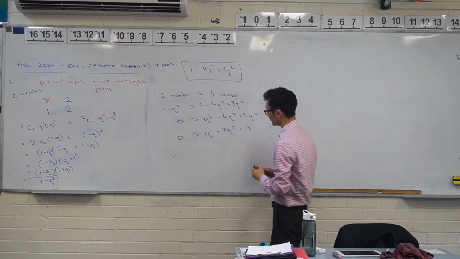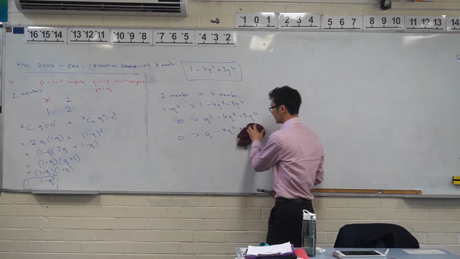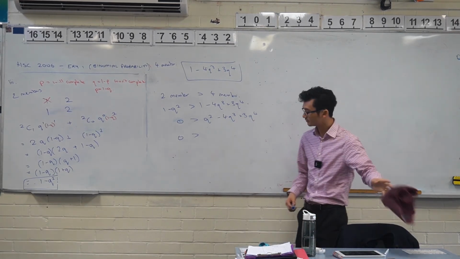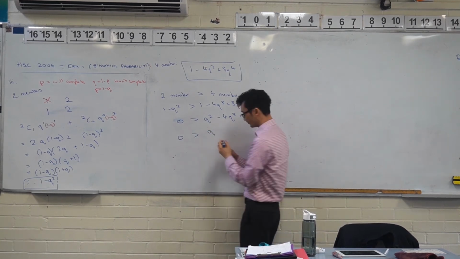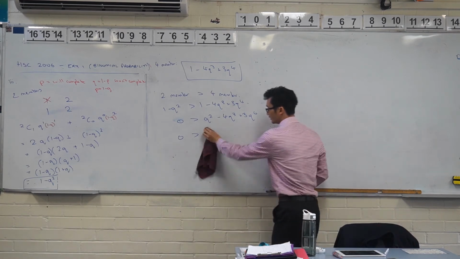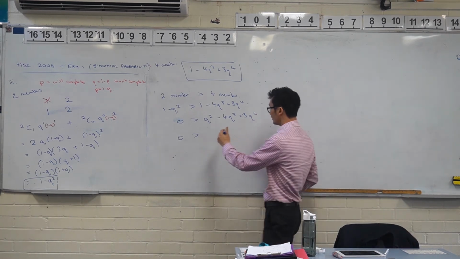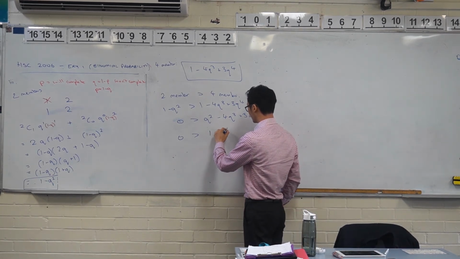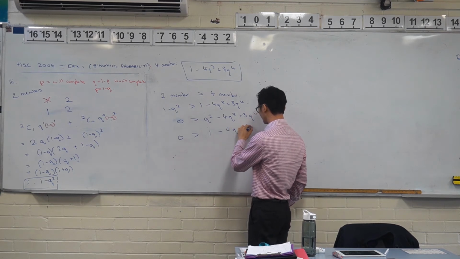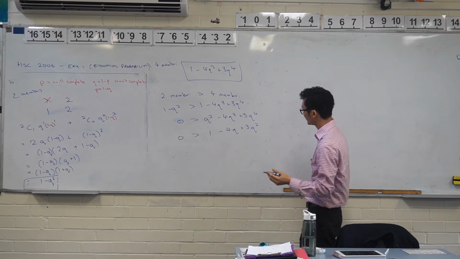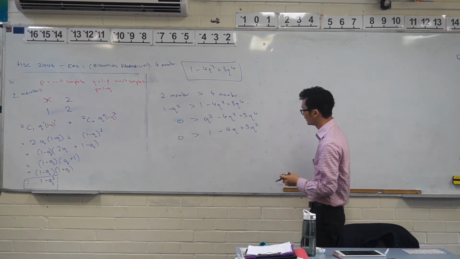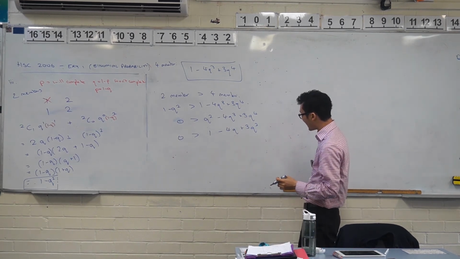In fact, we can divide both sides by Q squared, can't we? So let's just do that. Dividing both sides by q squared, I'm going to get 1 minus 4q plus 3q squared. And that's looking a bit nicer because that's a parabola, a quadratic rather than a quartic. Cool.